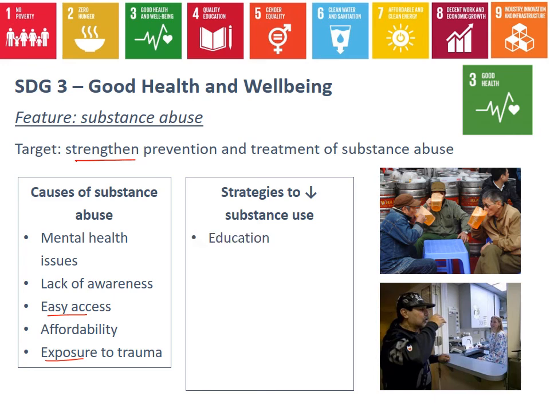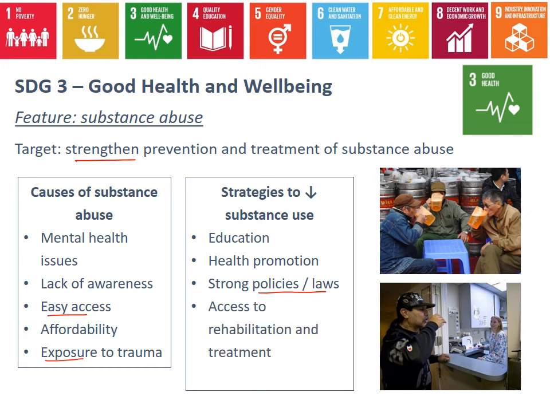Strategies to decrease this, again, education, health promotion, having stronger policies and laws around things like legal age limits, but also cracking down on drug trades and things like that, and having access to rehabilitation and treatment. This can be a really tough one because, again, there's often a lot of stigma associated with substance abuse, but ensuring people can access treatment.